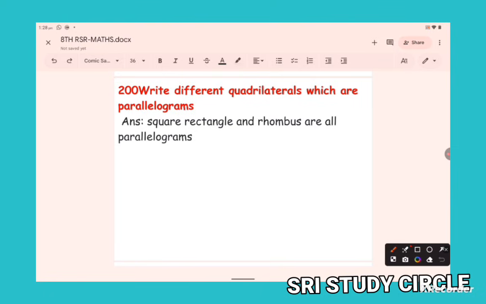We know that every square is a parallelogram, every rectangle is a parallelogram, and every rhombus is a parallelogram. Therefore, square, rectangle and rhombus are all parallelograms.